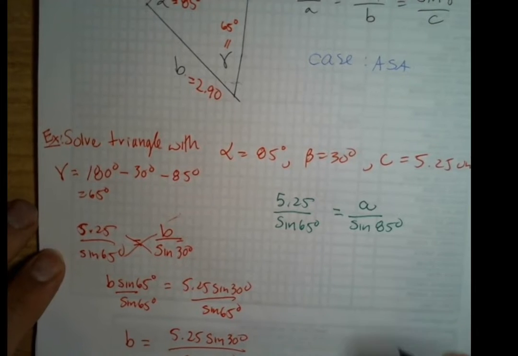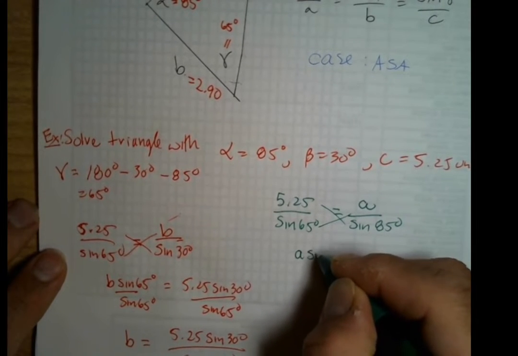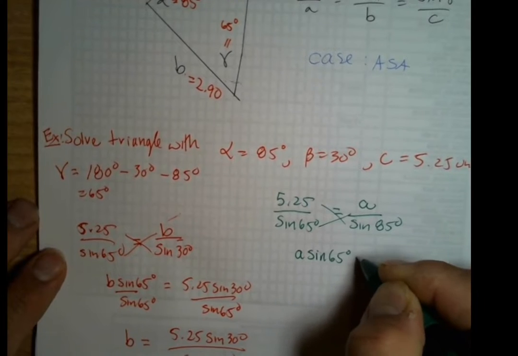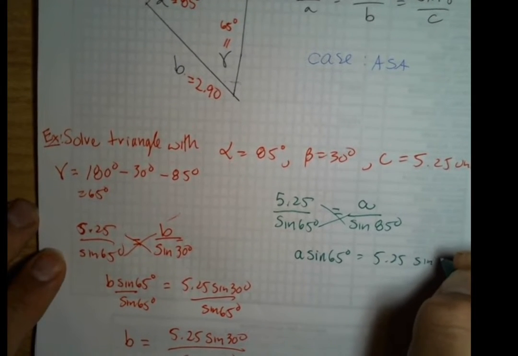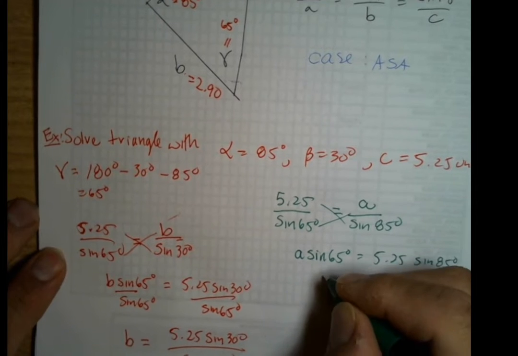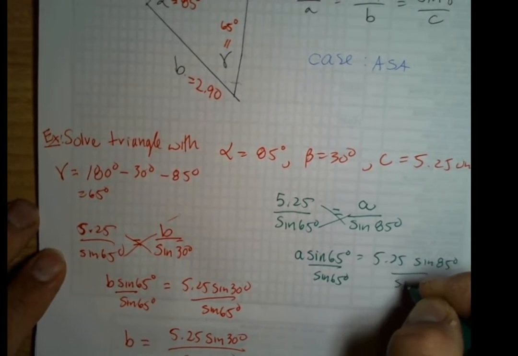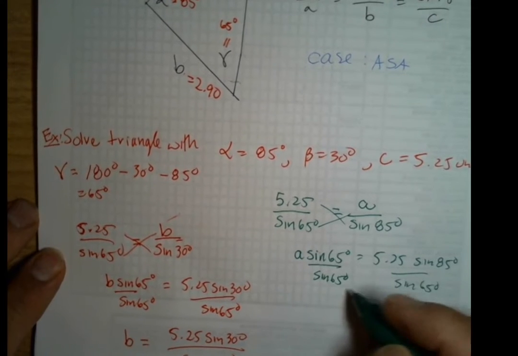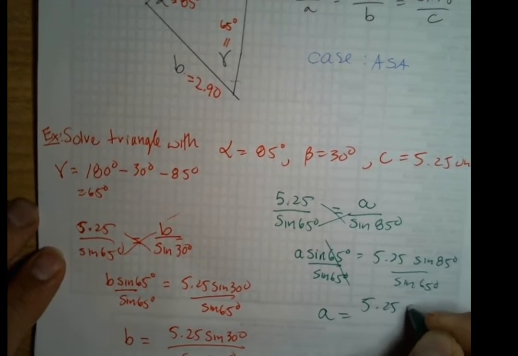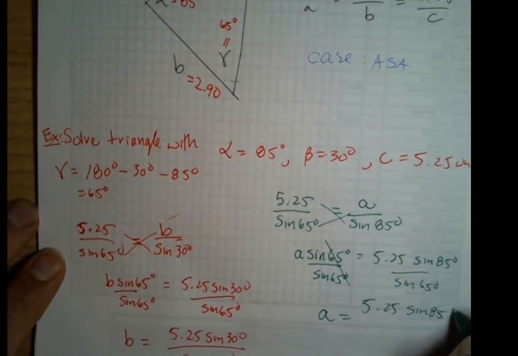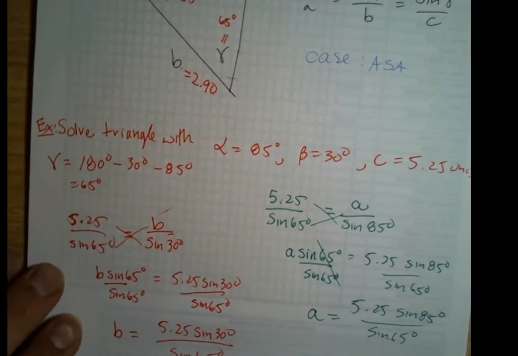Okay, so cross multiply, we get A sine of 65 degrees equals 5.25 sine of 85 degrees. Divide both sides by sine of 65 degrees, and here we go, that's 1, so we get A is 5.25 sine of 85 degrees over sine of 65 degrees.